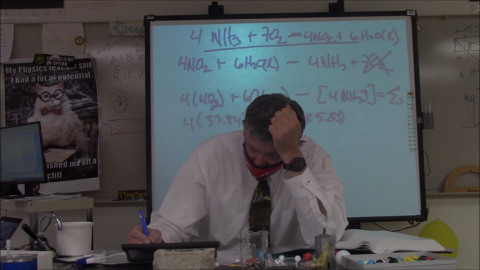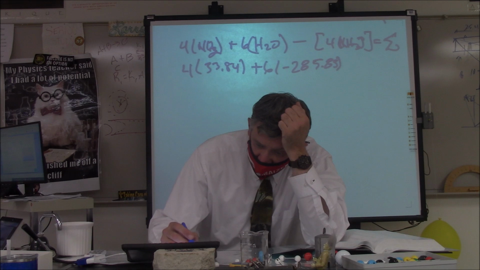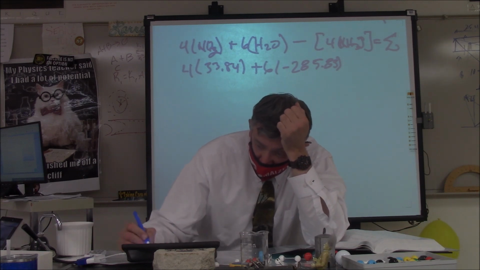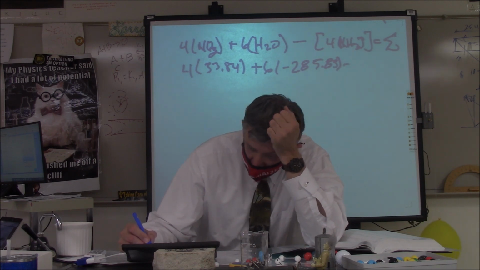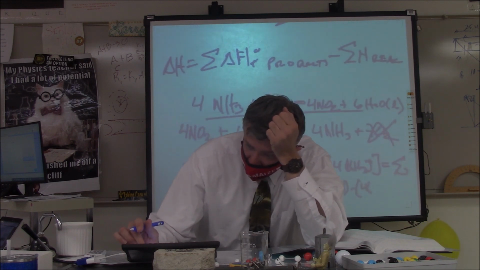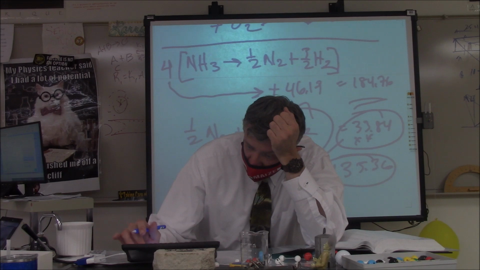It's plus the 6. But it's going to be 4 times 33.84 plus 6 times negative 285.83. And then minus 4 times 46.19.